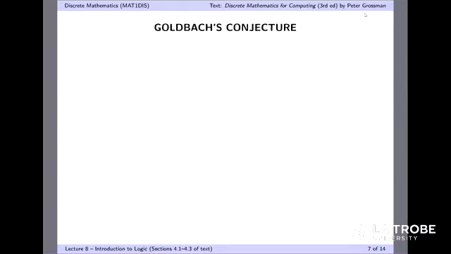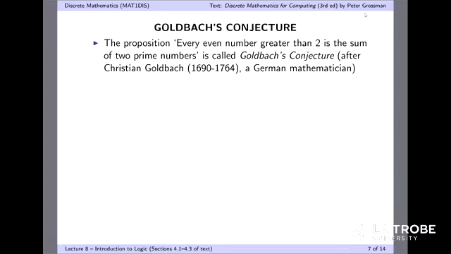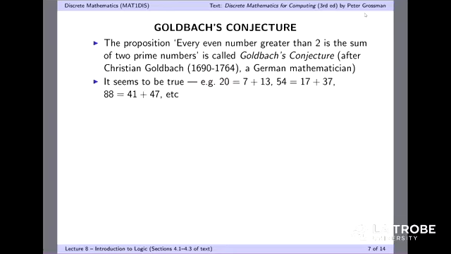So, the Goldbach conjecture is about whether you can write every even number greater than 2 as a sum of 2 primes. It's named after a German mathematician, Christian Goldbach, who proposed this conjecture. Conjecture means open problem, all right?